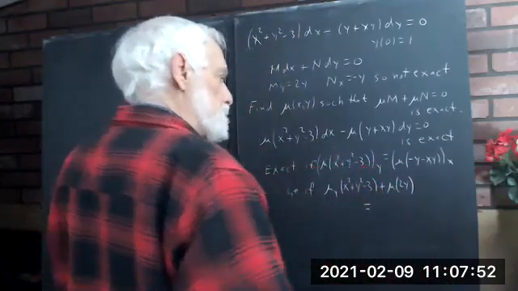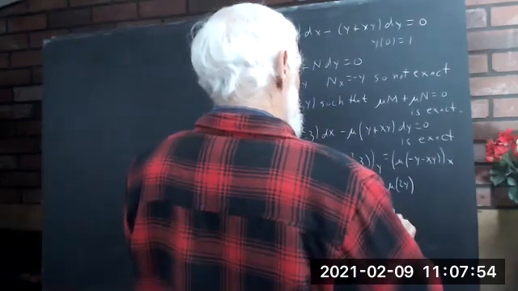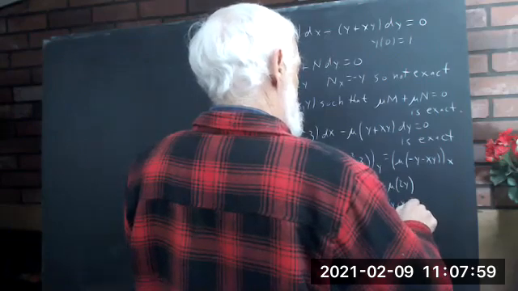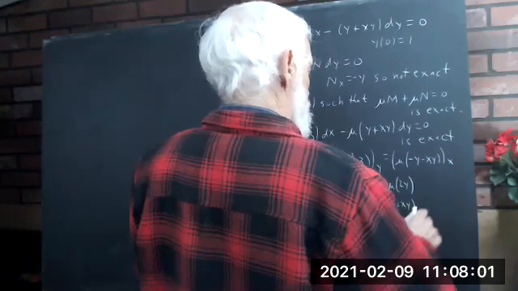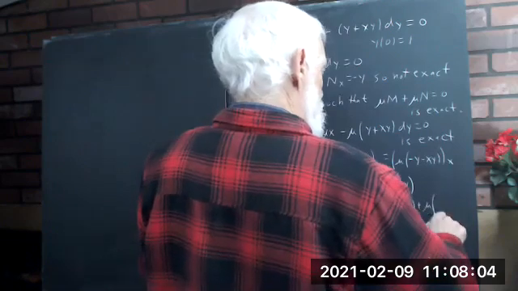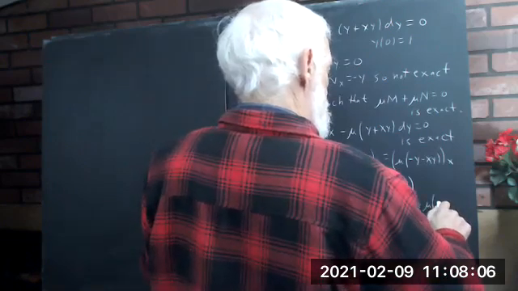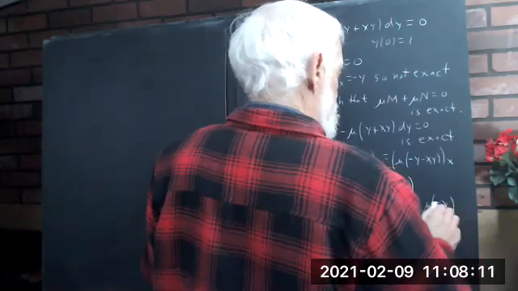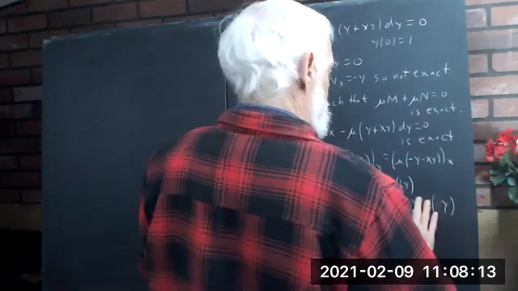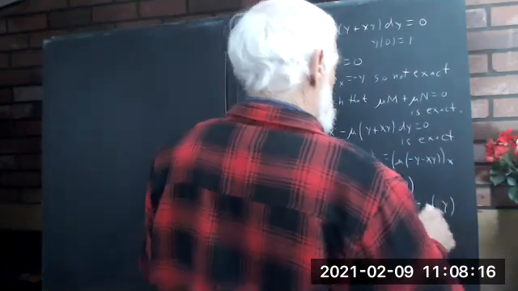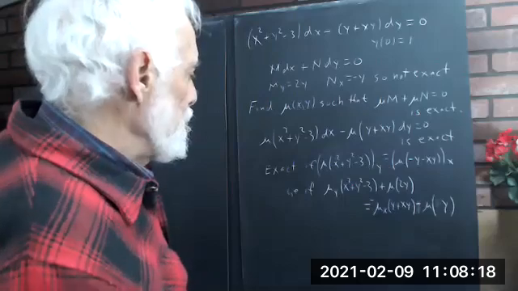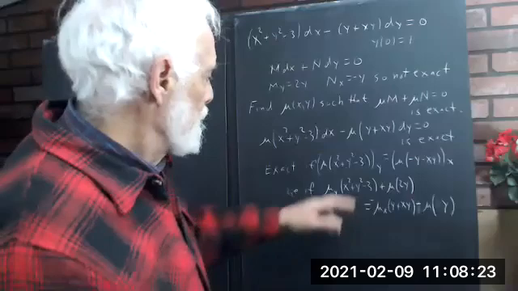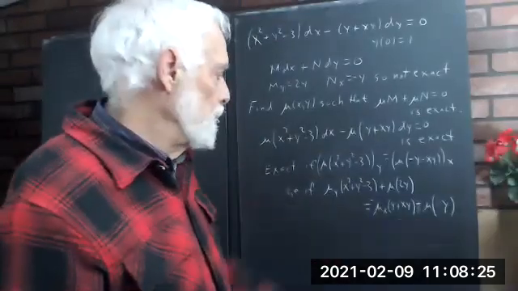And that should equal mu_x, and I'll bring the negative sign out here. And maybe just make that minus mu times y. Okay, so we're looking for a mu that does this.